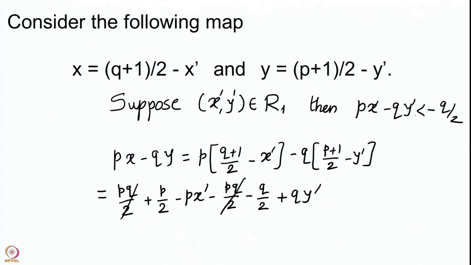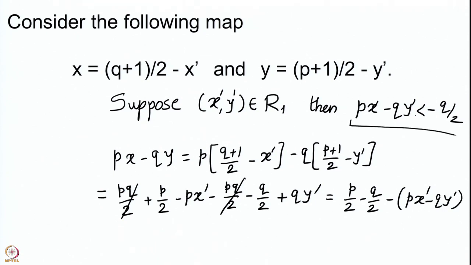So, these PQ/2, PQ/2 are cancelled. What we are left with is P/2 minus Q/2 minus Px prime plus Qy prime.